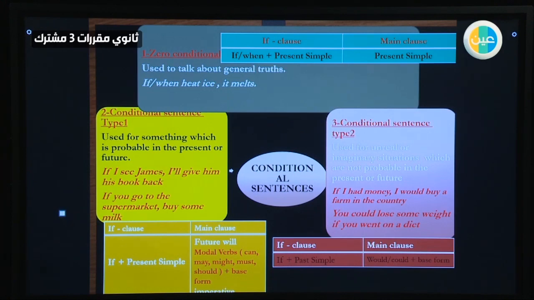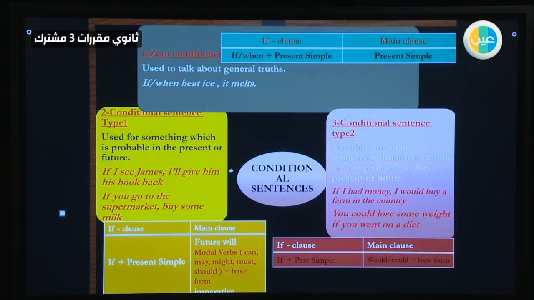If I see James, I will give him his book back. Here I'm going to use what? The if clause, and then future will, or any of the modal verbs. Future will with the present, or a modal verb like can, may, might, must, should, plus the base form.